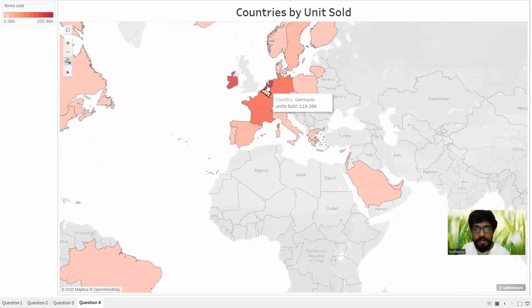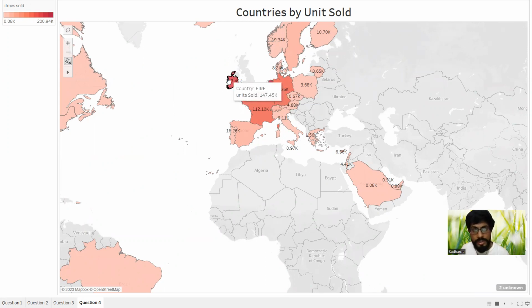We can see Netherlands, about 200,000 units sold. After that we can see Ireland with about 150,000 units, and then following Germany and France. These countries can be very helpful for our expansion.